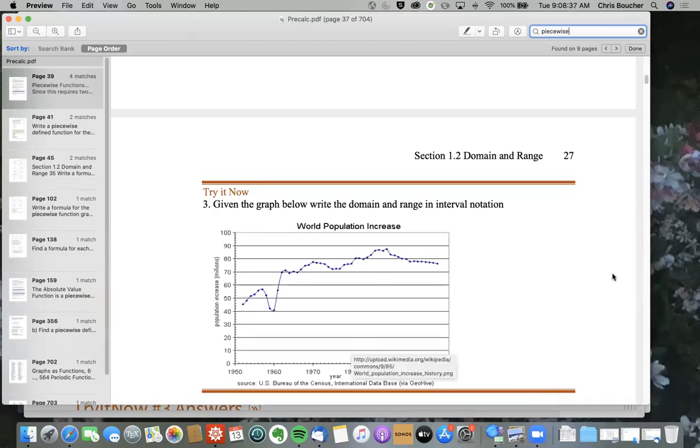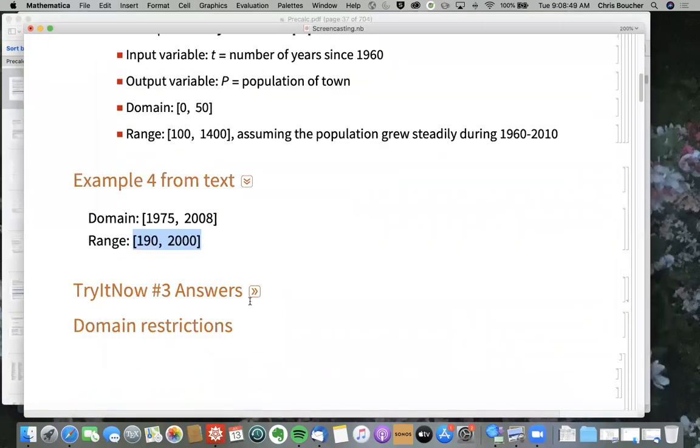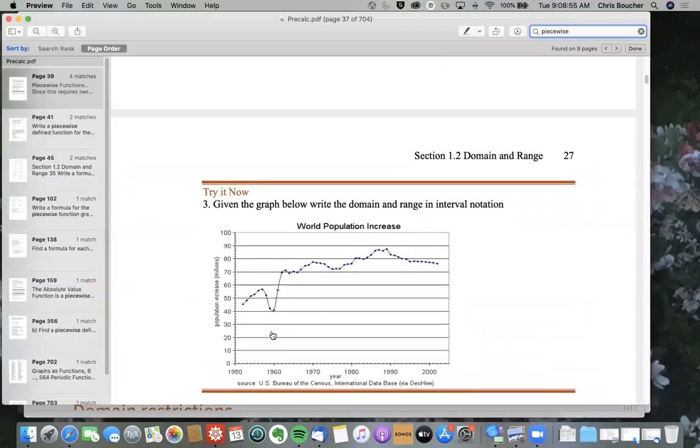So again, the domain is the input range. I get about 1951 or 1952, out to about 2003 or 2004. Let's see how we did here. Yeah, that's about right. And then the range is the output range.